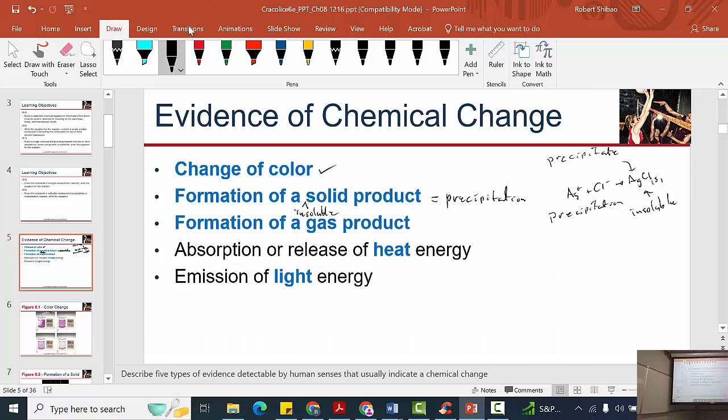The type of reaction here is a metathesis reaction. Another way of understanding metathesis reactions is favorable ion combinations.